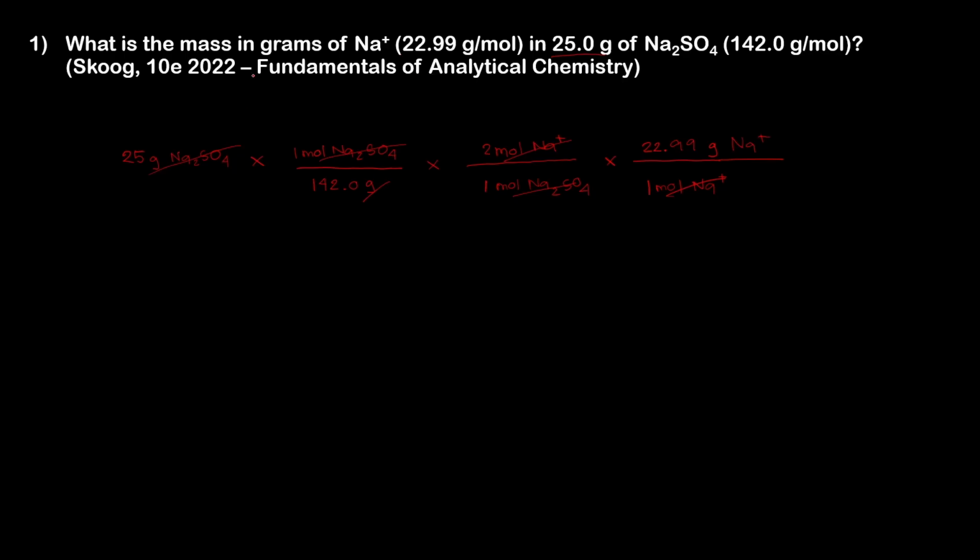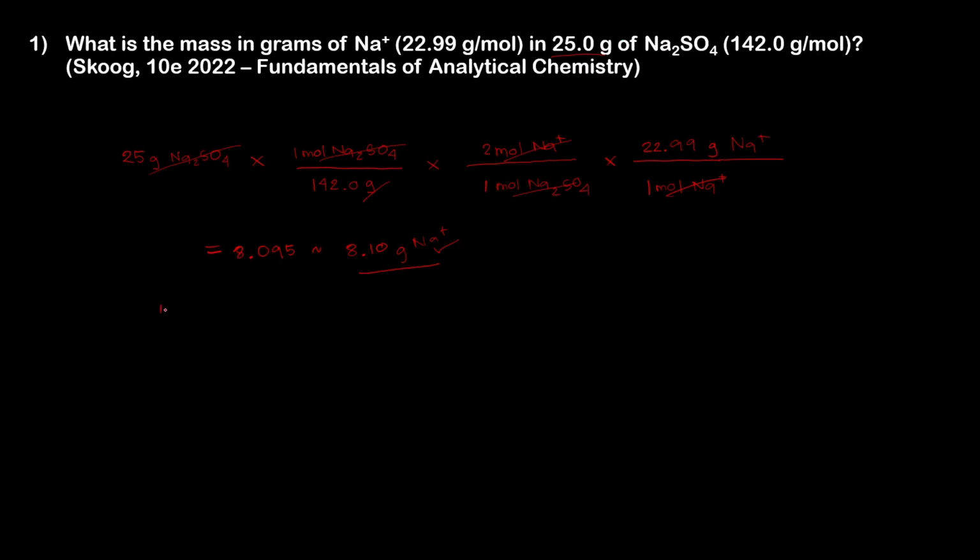We were asked to find the mass in grams, right? So simply by inputting this in your calculator, you will get 8.095, or 8.10 grams. Okay, so this is the mass of sodium. Sorry, sodium ion. So there are 8.10 grams sodium ion in 25 grams sodium sulfate.